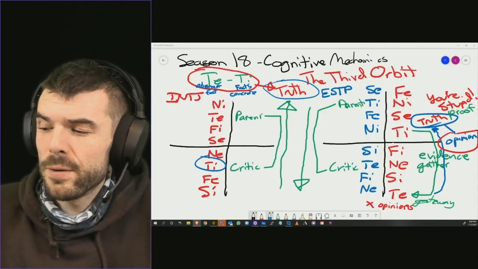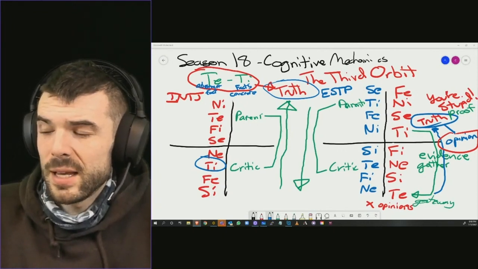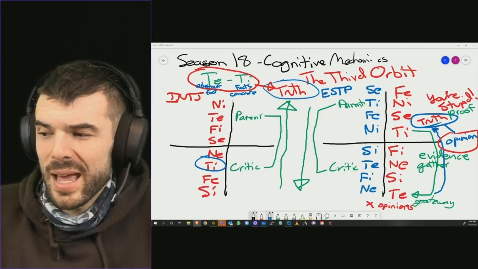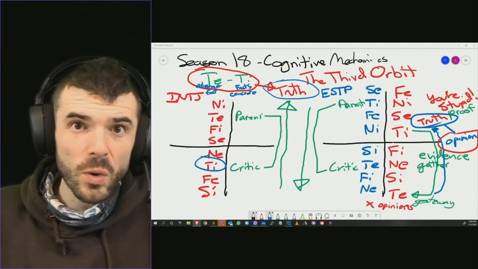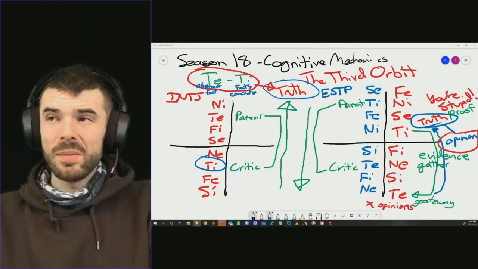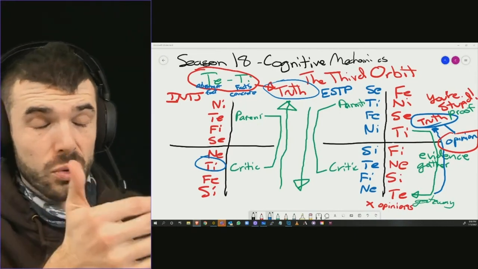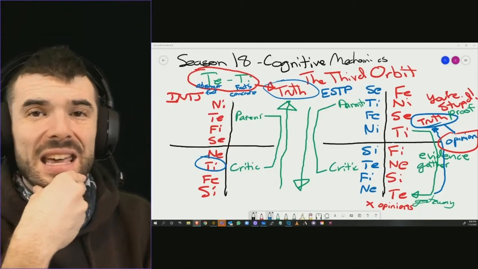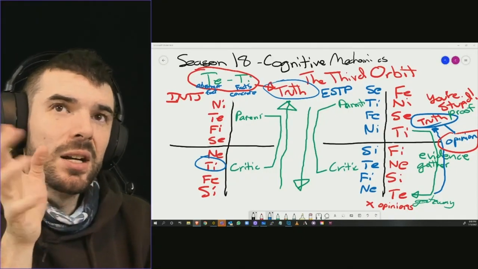It's more like me as a TI parent, I'm not willing to go forward until I absolutely have the correct evidence, because my TE critic is forcing me to gather evidence so that I know for a fact that what my TI parent believes is true or knows is true is actually true. And then it can get in the way, and it can lead to stagnation sometimes because I can get analysis paralysis.